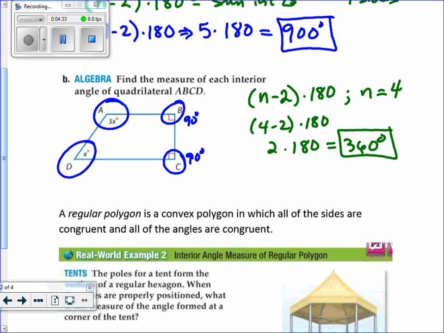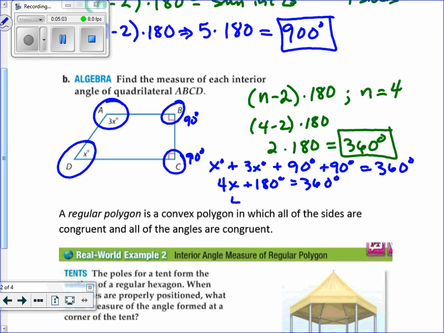And then I can make an equation with what I have. Angle D is x degrees. Angle A is 3x degrees. Angle B is 90, and C is also 90. Their sum should be 360 degrees. Then I can simplify that equation and solve for x. That's going to be 4x plus 180 equals 360. 4x then would equal, when I subtract 180, 180. And then divide by 4, x is going to equal 45 degrees.